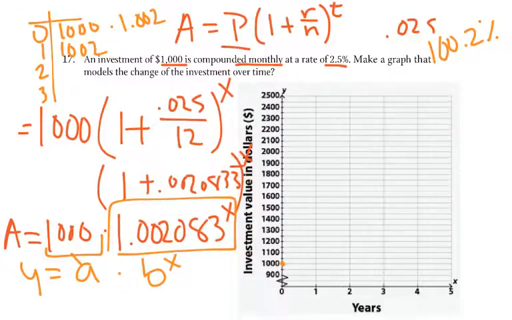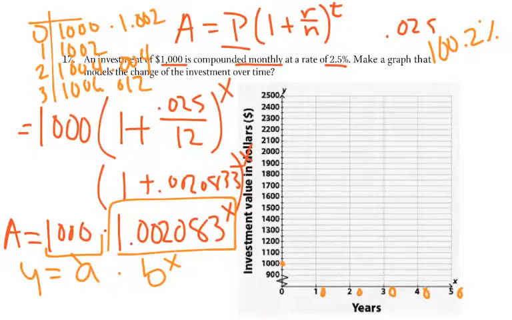Do it again, that would get us to 1004.004. Do it again, 1006.012. Okay, so according to this, with these years, this is going to grow really slow. So we may want to change these to like 20 years, 30 years, 40 years, 50 years.